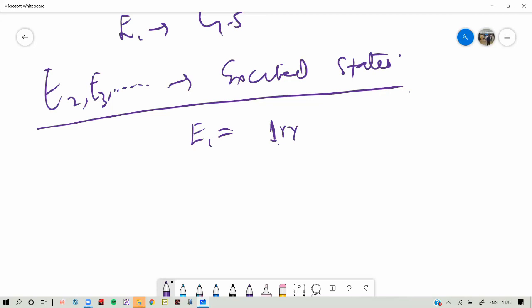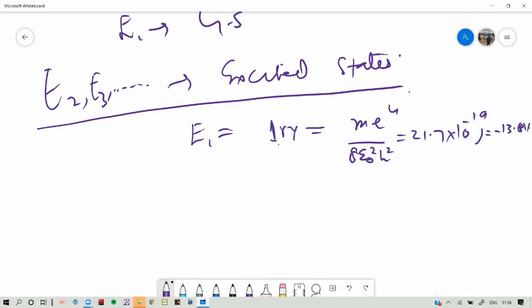And 1 Rydberg is the energy of the electron in the first Bohr orbit, n equal to 1. This 1 Ry is equal to m e to the fourth divided by 8 epsilon naught squared h squared. It is 21.7 times 10 to the power minus 19 joule, which is 13.6 eV.